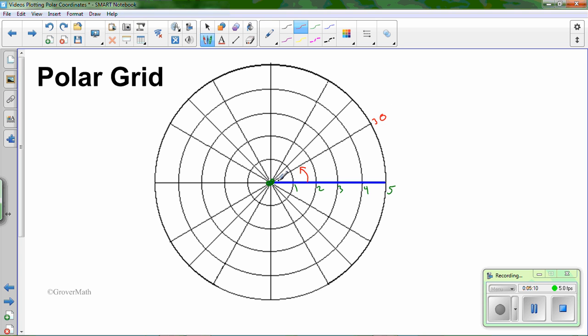Every point on here is 30 degrees from our initial starting side. And so something like this point right here would have a coordinate of 3, 30 degrees, because it's 3 units out from the origin. That's 1, 2, 3 arc lengths out from the origin. And this is a 30-degree angle above the axis.